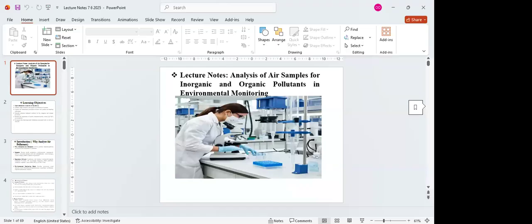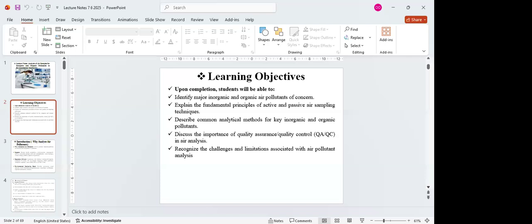We are looking at the analysis of samples. Particularly of concern are the inorganic and organic pollutants, as they are found in the environment. So carrying out an environmental monitoring of these materials is one of the very important things that one needs to look into. And for us to do this, we have some objectives in mind.